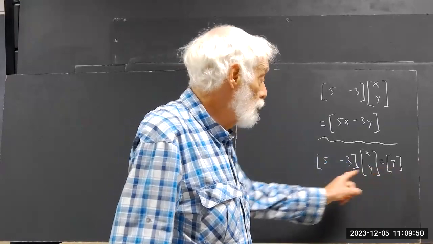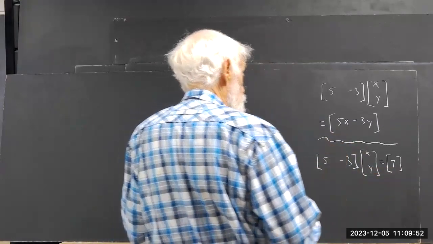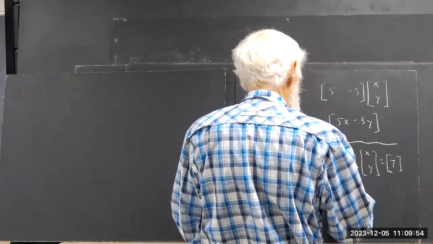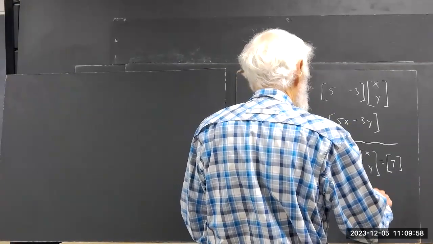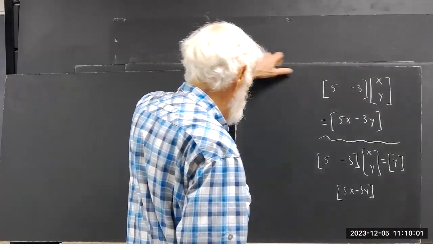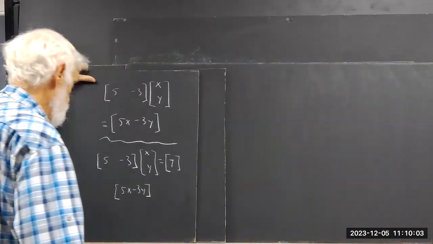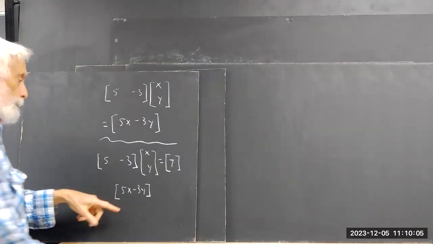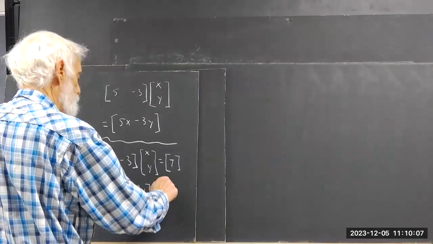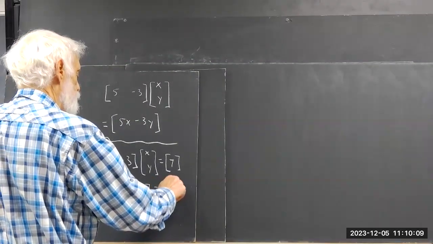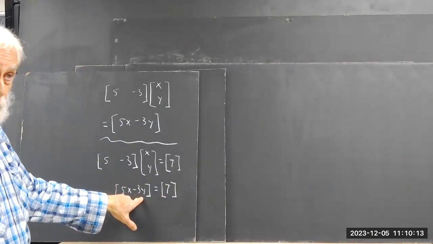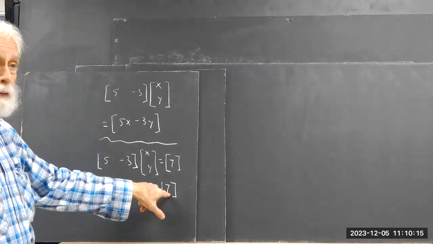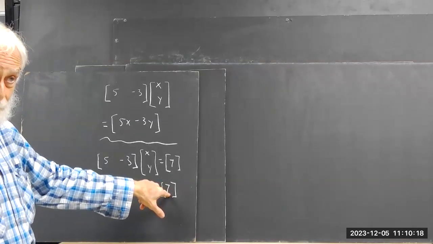Now, I'm just going to tell you, when you multiply this, what you get, obviously on the left, is the matrix 5X minus 3Y. And I should be doing this over here, so I don't block the canvas. You get the matrix 5X minus 3Y equals the matrix 7. The matrix consisting of the one expression, 5X minus 3Y, equals a matrix consisting of the one expression 7.